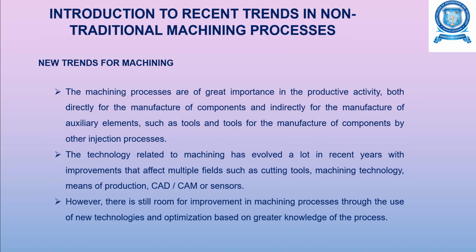And the technology related to machining has evolved a lot in recent years with improvements that affect multiple fields, such as cutting tools, machining technology, the means of production, and CAD, CAM or sensors. However, there is still room for improvement in machining processes through the use of new technologies and optimization, based on greater knowledge of the processes.